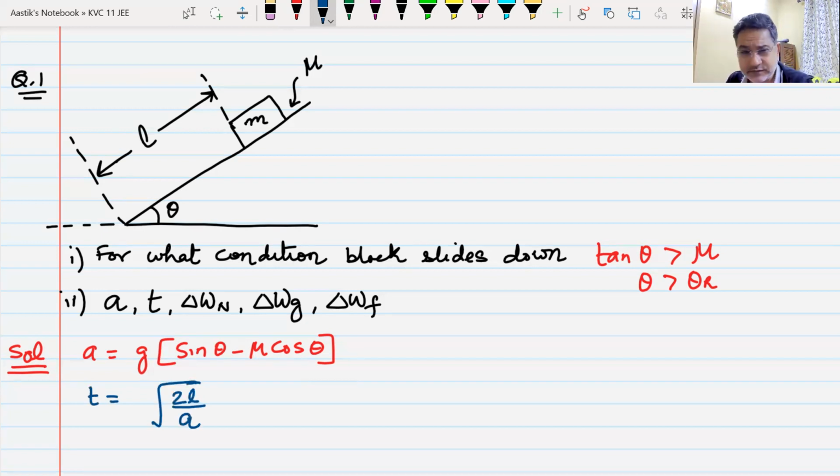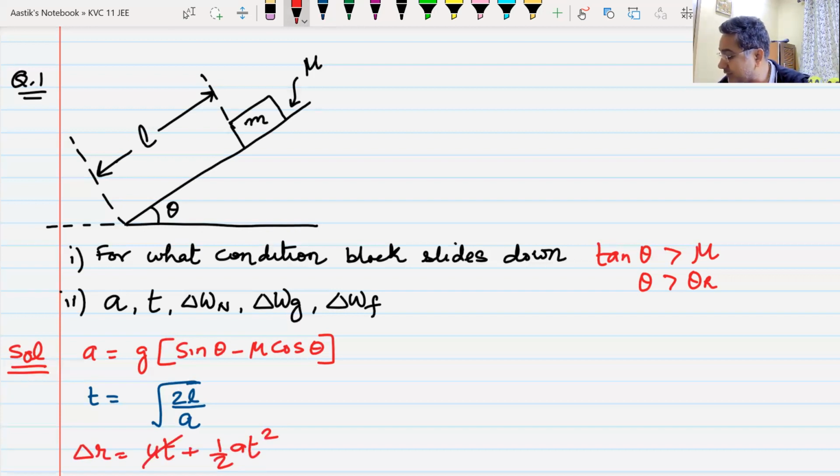How did you get this? Which equation did you apply? Displacement is equal to ut plus half at square. Here the initial velocity is 0. Well done. Okay. Next one.